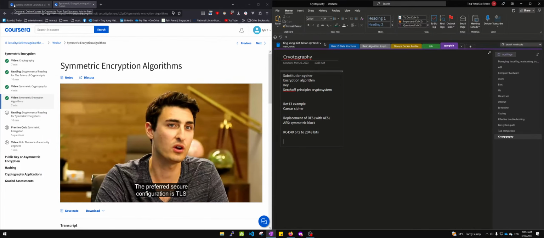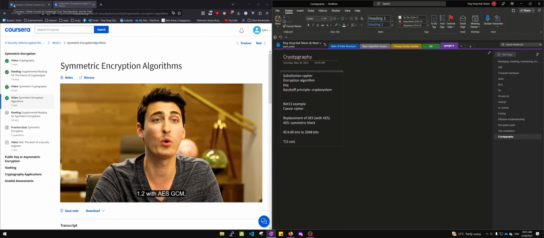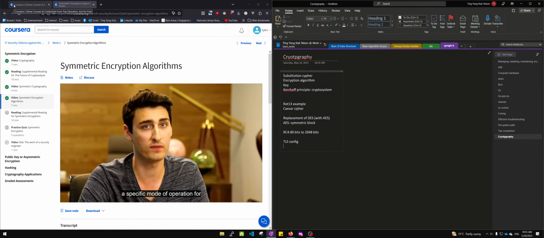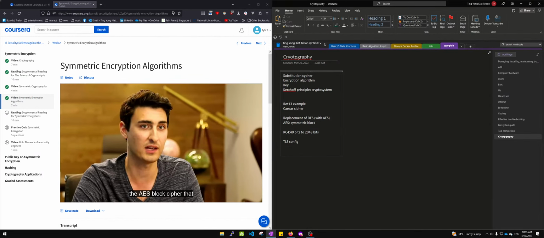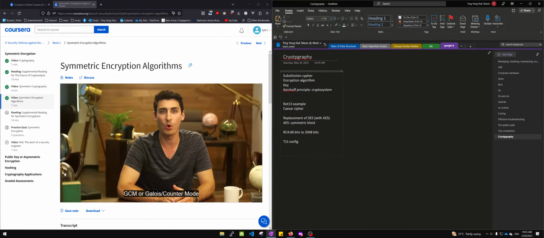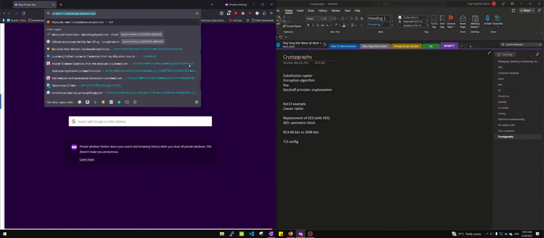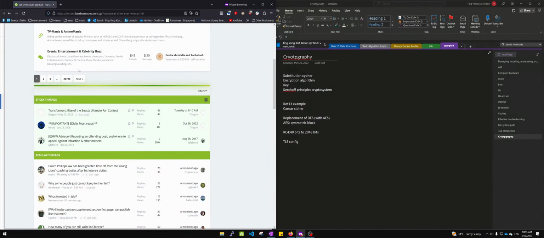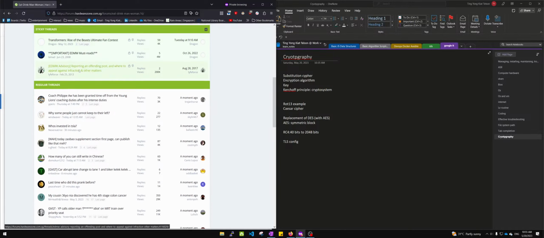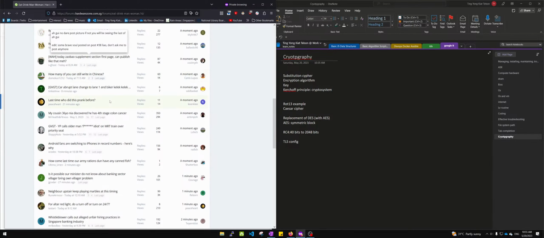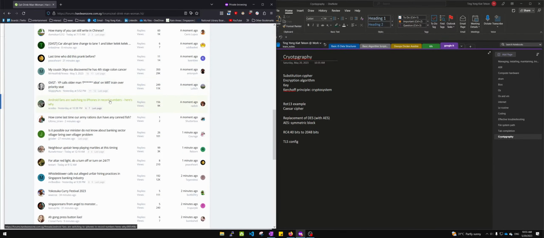The preferred secure configuration is TLS 1.2 with AES GCM, a specific mode of operation for the AES block cipher that essentially turns it into a stream cipher. GCM, or Galois counter mode, works by taking a randomized seed value, incrementing this, and encrypting the value, creating sequentially numbered blocks of ciphertext. The ciphertexts are then incorporated into the plaintext to be encrypted.